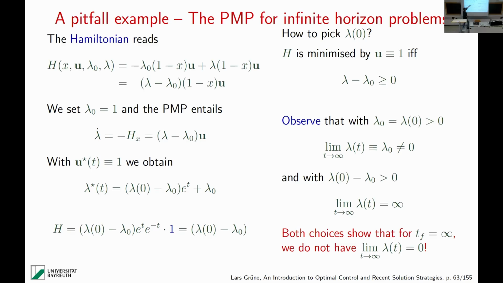So x is less than 1, so this is positive. To make 1 the minimizer, we need that to be negative. So it's not the wrong sign somehow. Anyone see it immediately? Yeah, it's usually either 0 or 1.